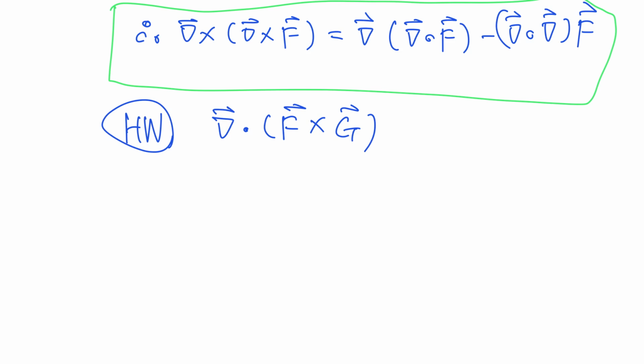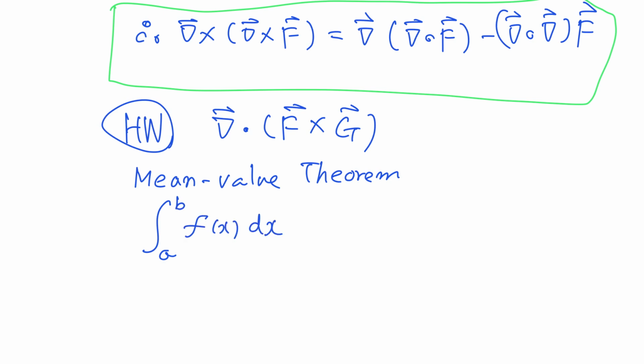And let's consider some physical meaning of curl and divergence, but before doing so, let's review the mean value theorem. In Korean, it's called 중간값 정리.